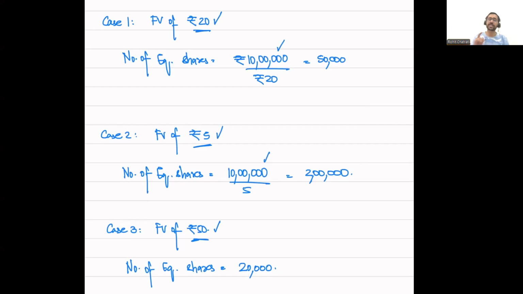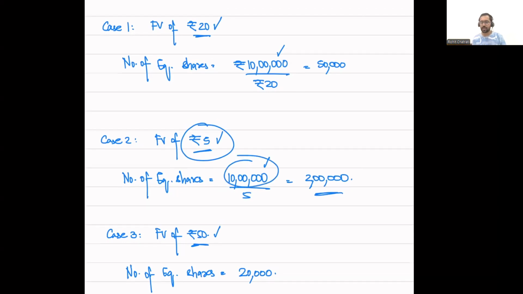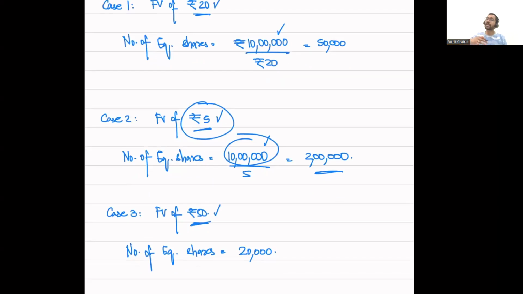When the share price falls significantly to 5 rupees, the holder is receiving 2 lakh shares. They're receiving more shares in such a way that the amount is still 10 lakhs. If the share price increases to 50, the holder still receives 10 lakhs only because the number of shares is reducing.